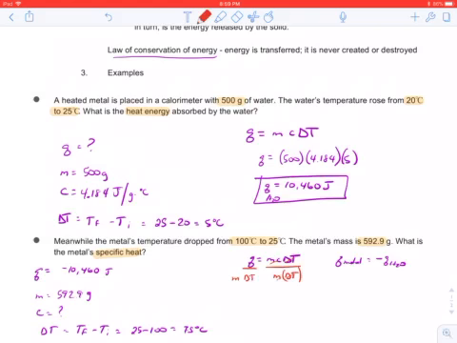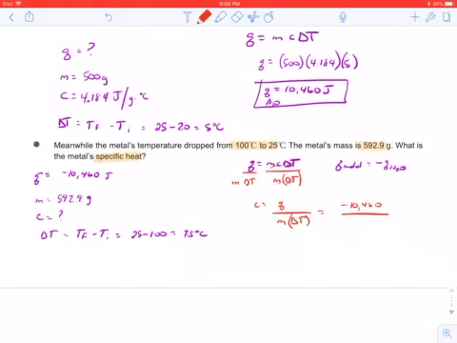So C is equal to Q over M delta T. We've got Q, which is negative 10,460, over our mass, which is 592.9, and our change in temp is negative 75 degrees C. I didn't put that negative on earlier.